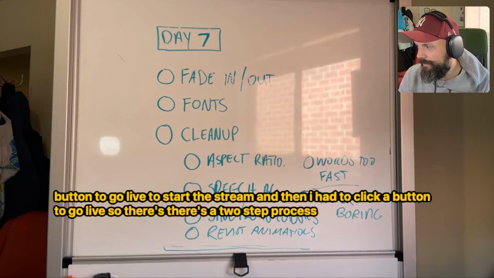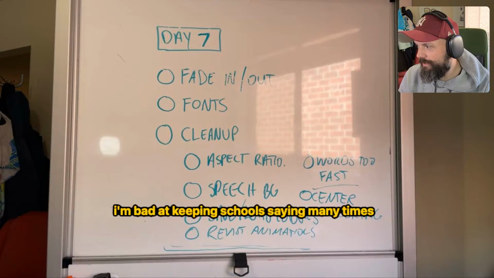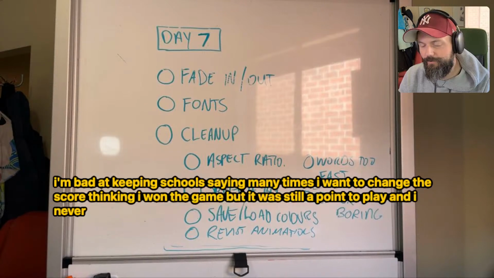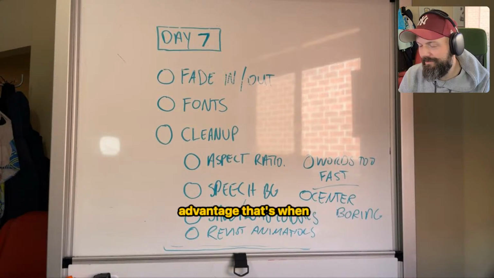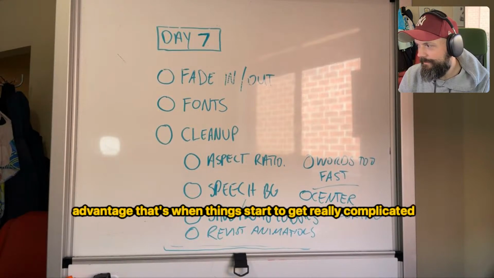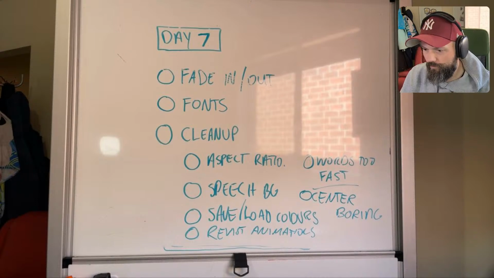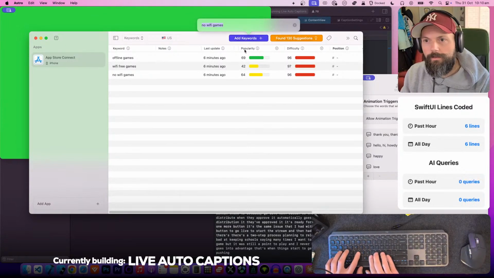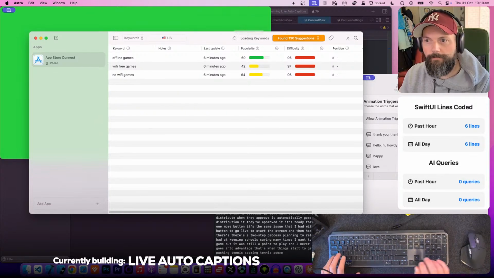Awesome. I'm bad at keeping scores, he's saying. Many times I want to change the score thinking I won the game, but it was still a point to play, and I never know. When it goes into deuce and it goes into advantage, that's when things start to get really complicated with tennis. Keep pushing. Tennis scoring, tennis score, score tracker.